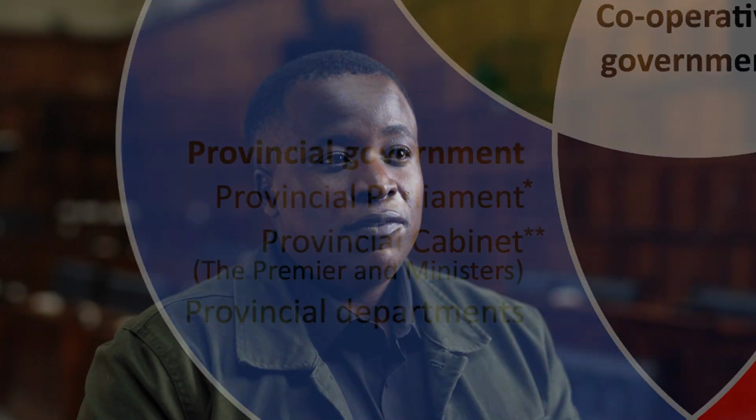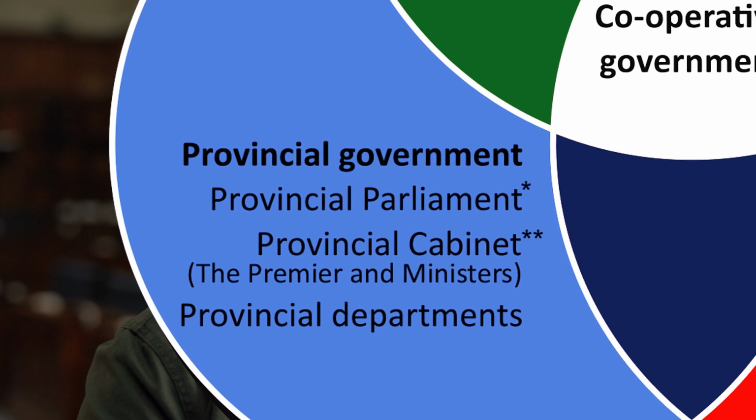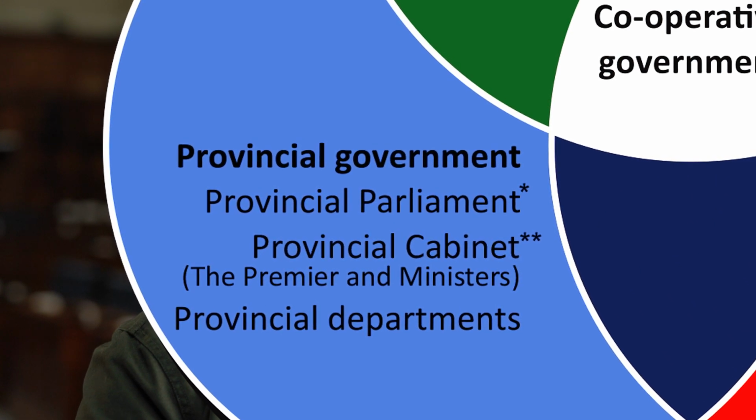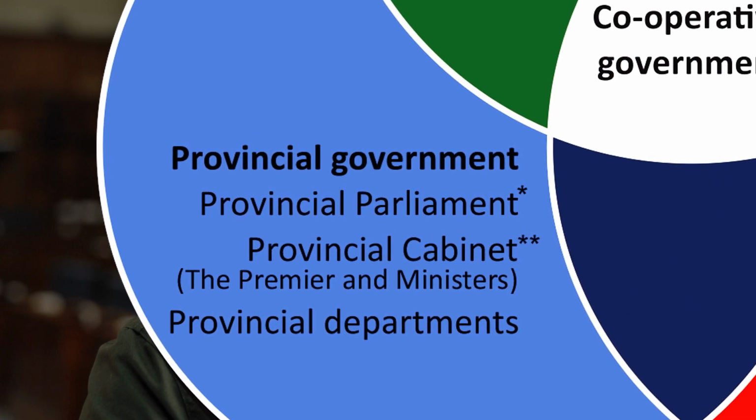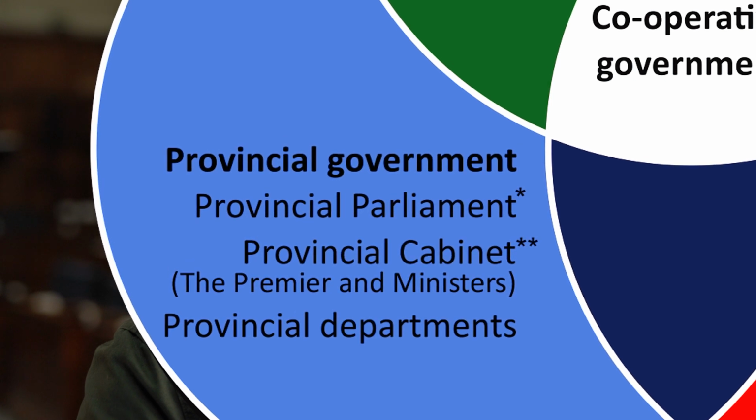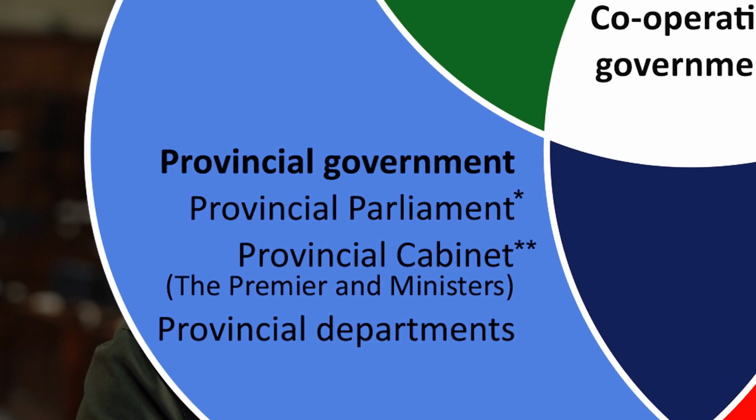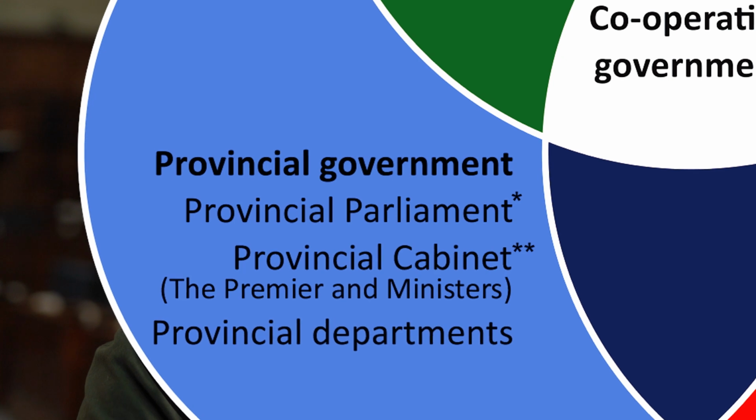At the provincial level, the executive authority is vested in the Premier. The Premier is also supported in this role by the members of the Executive Council or provincial ministers in terms of the Western Cape. Again, at the provincial level, government is responsible for carrying out policies of the government of the day and also implementing the laws as passed by the provincial parliament.